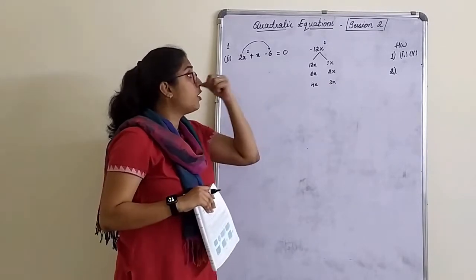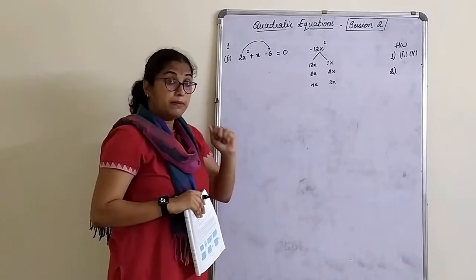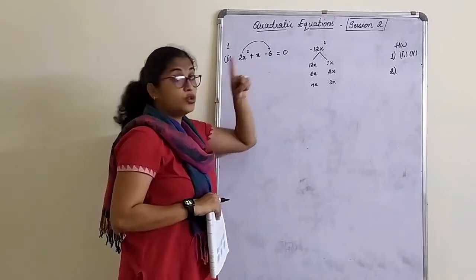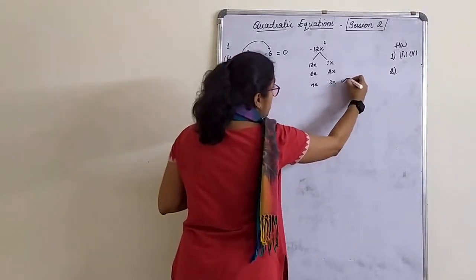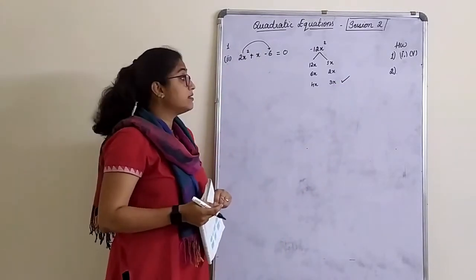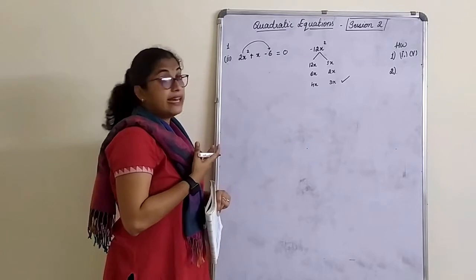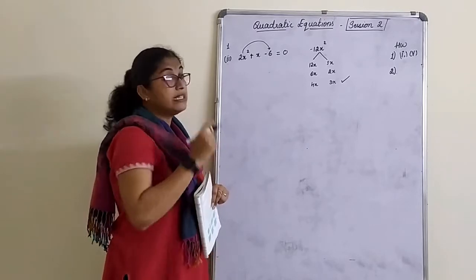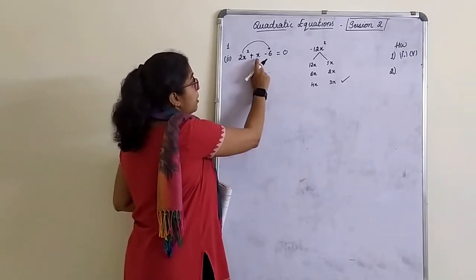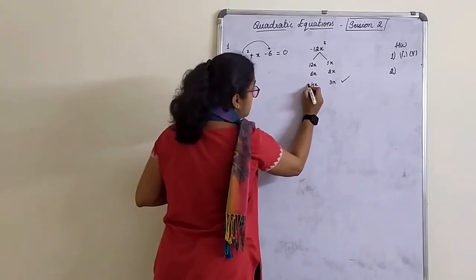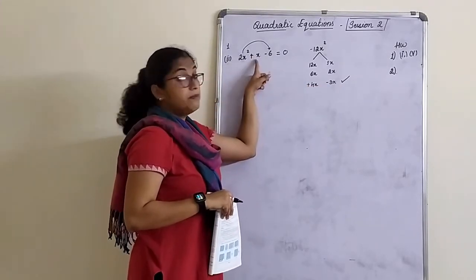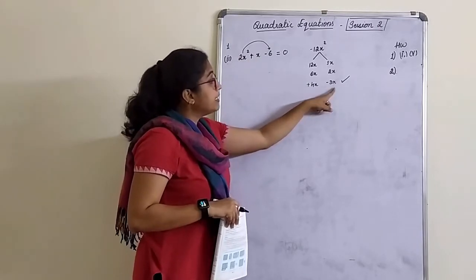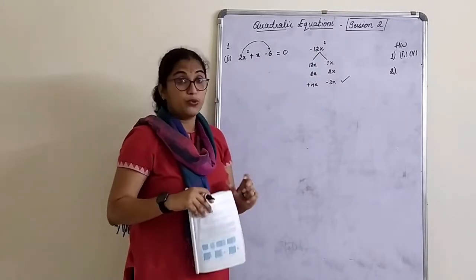When you multiply, you get 12x square, but when you add or subtract, you have to get 1. Which will give you that? The only one is 4 minus 3, I will get 1. 4 into 3, I will get 12. I want plus 1 here. So it's going to be plus 4 minus 3, plus 4x into minus 3 minus 12x square.